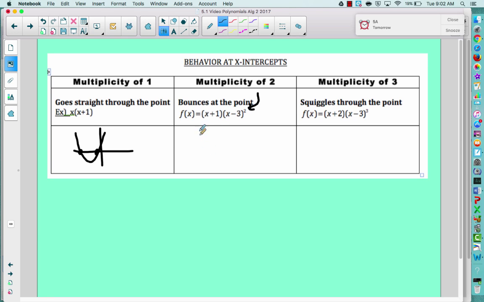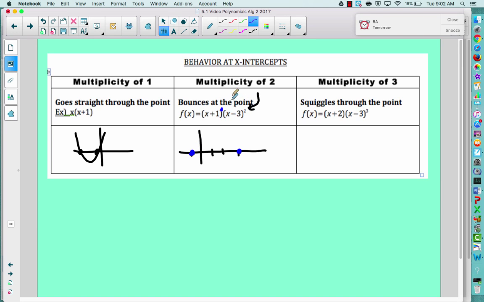And a bounce means something like this. If I had my x-intercepts here of -1 and then 1, 2, 3. So there's my intercepts. And I know that this is a cubic function because if I add the exponents, the 1 and the 1 and the 2, I get a degree of 3. So there are 3 factors.